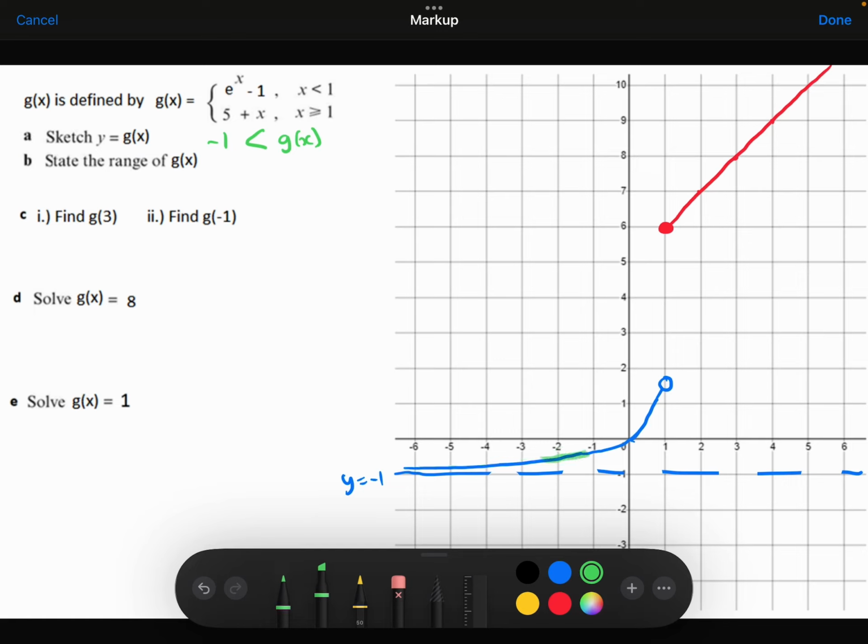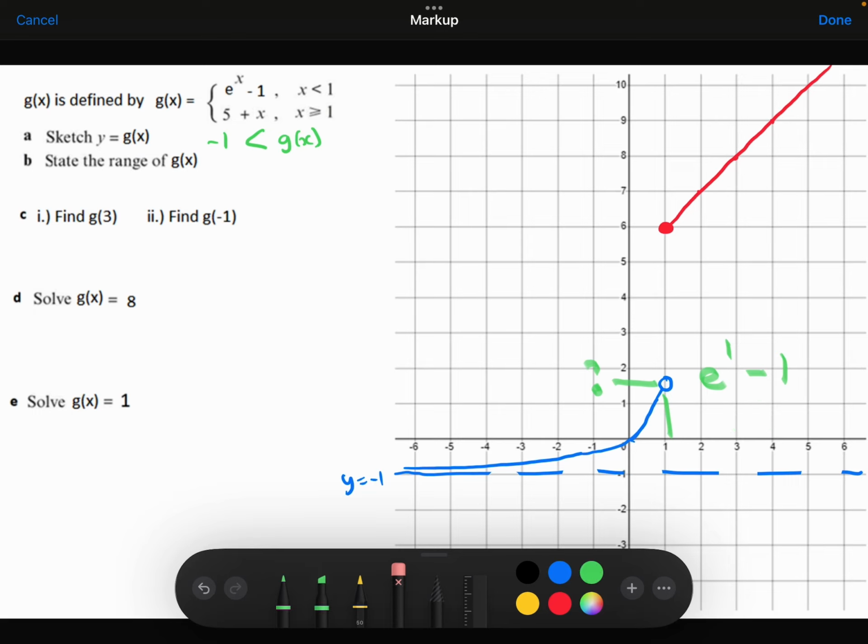Then I can see it goes up towards the value here, whatever this value is, that I don't know right now. But I do know that's where x is equal to 1. So if I substituted 1 into my exponential function, I get e to the power 1 minus 1, which if I was to write that as a decimal, I'd get 1.718-ish.